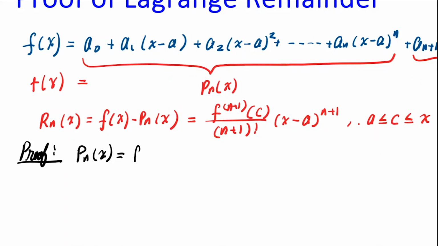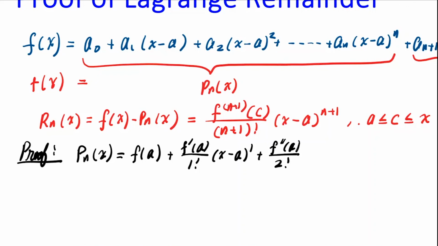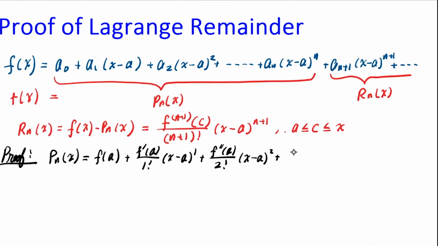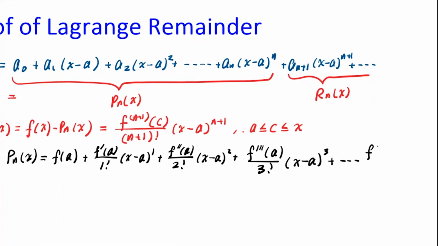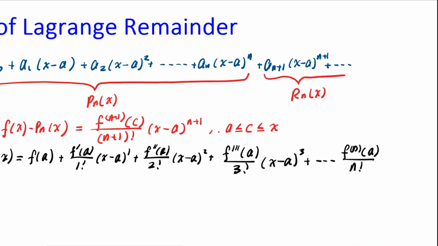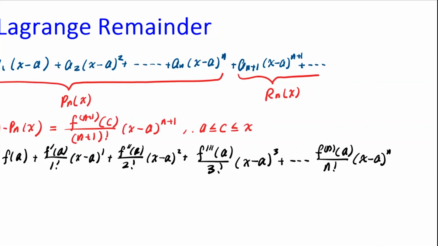Let's remind ourselves what this formula is, which you're not allowed to use on the test. Your Taylor series formula: you evaluate f at your center, plus f prime over 1 factorial times x minus a to the first power, plus f double prime of the center over 2 factorial times x minus a squared, plus one more term, f triple prime of a over 3 factorial times x minus a cubed, plus dot dot dot, all the way to the nth derivative evaluated at a over n factorial times x minus a to the nth power, correct?